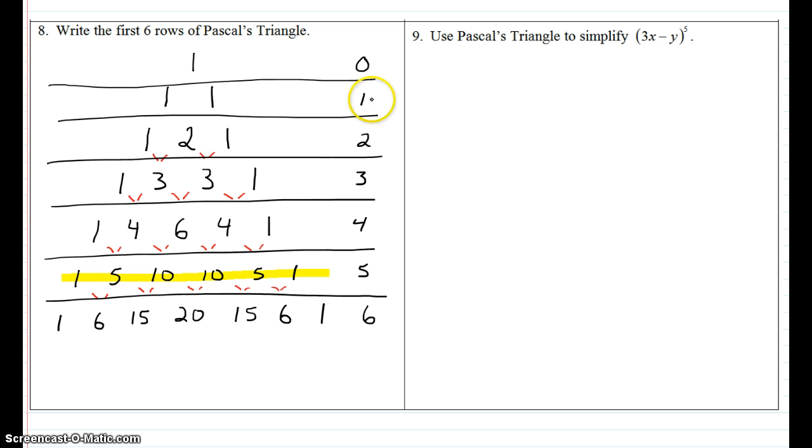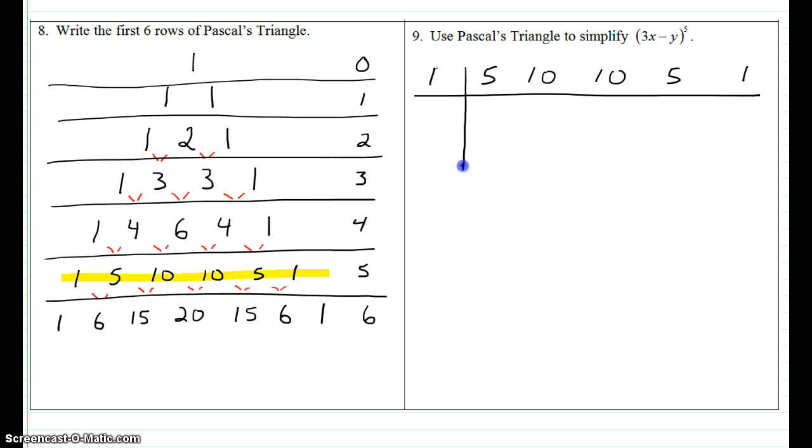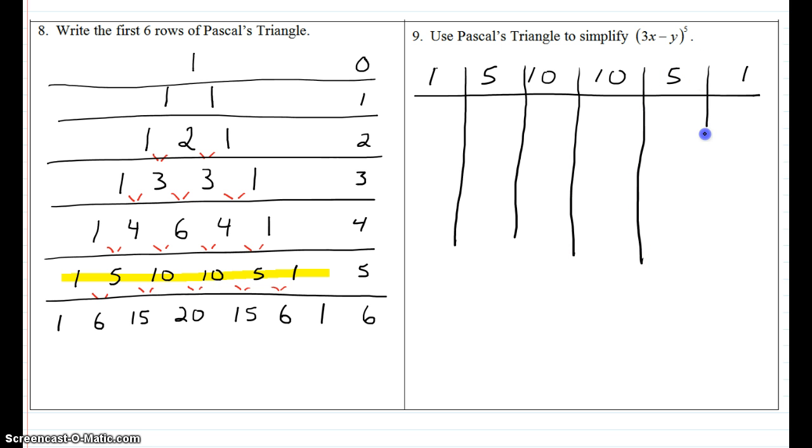Alright, so we're going to use these coefficients. 1, 5, 10, 10, 5, 1. And we're going to start making our table. And then just go and put open parentheses in each column.